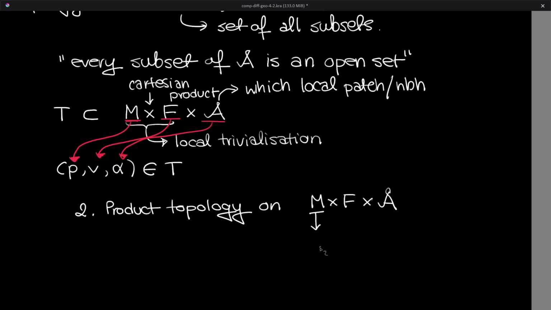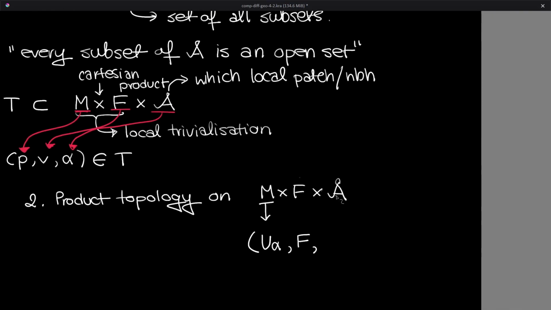So let's take whatever an open set is on M, and then F, whatever the topology is, by definition F is going to be in the topology. So let's say F is a topological space, and so F must be in that topology, and then we can just take the singleton set of some alpha, where this alpha connects to this alpha.